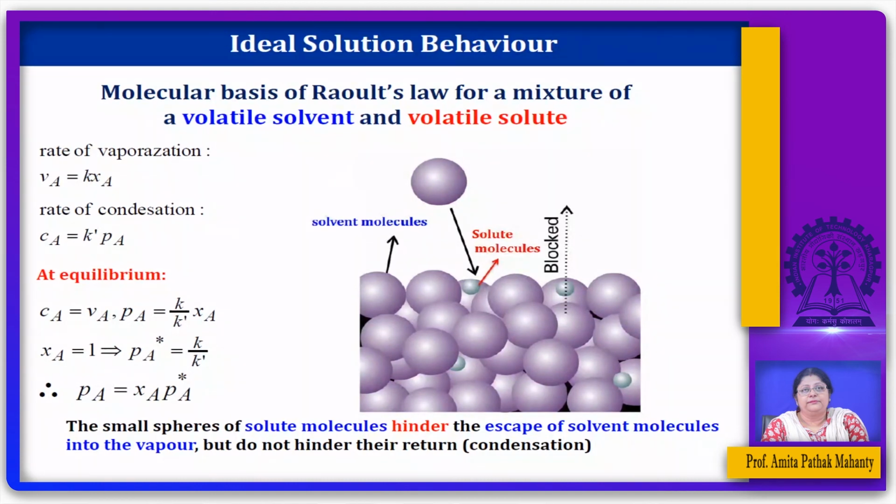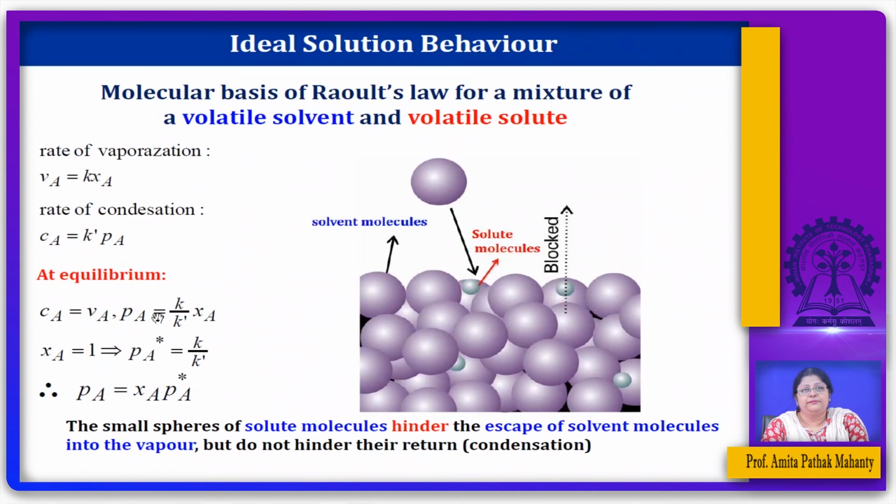So what is happening? Only at equilibrium can we have the rate of evaporation equal to the rate of condensation, and that is the hypothetical situation we have considered. From equating these two equations, we tried to find out what the partial vapor pressure of A will be when the process of making the solution is going on.